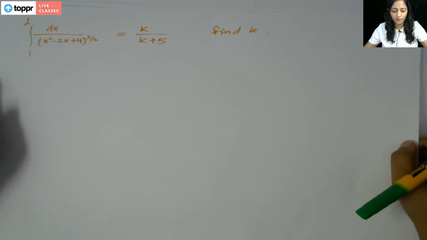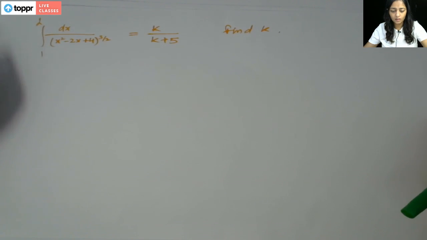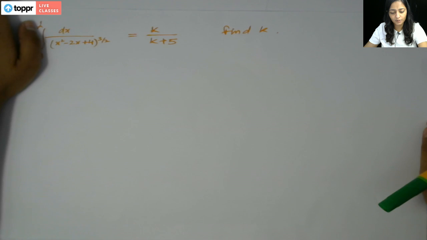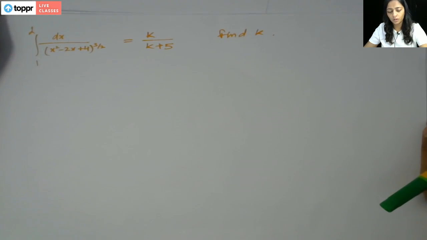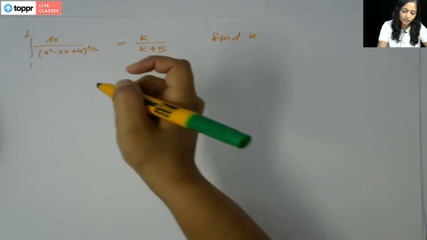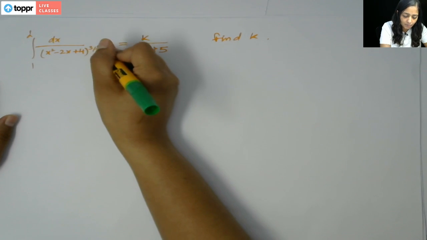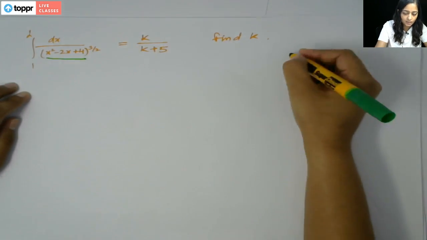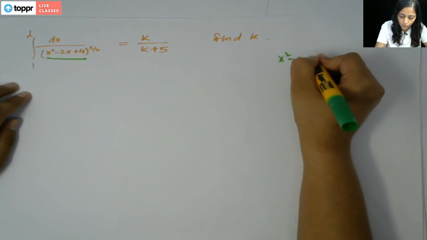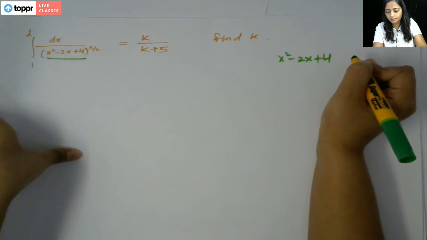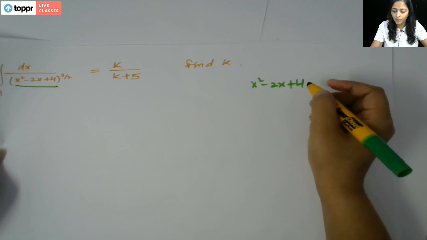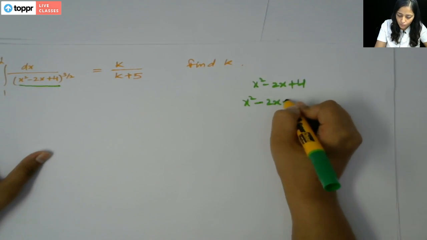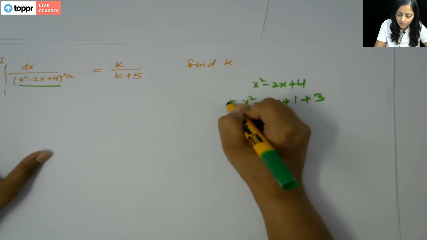So my another question is, the integration is from 1 to 2 dx over x square minus 2x plus 4 raised to the power 3 by 2. So in such kind of questions, since we know that the power is 3 by 2, we try to complete the square. x square minus 2x plus 4, I can write it as x square minus 2x plus 1 plus 3.